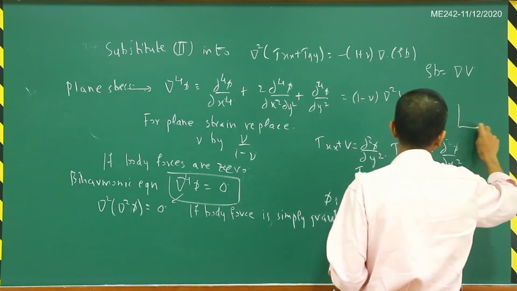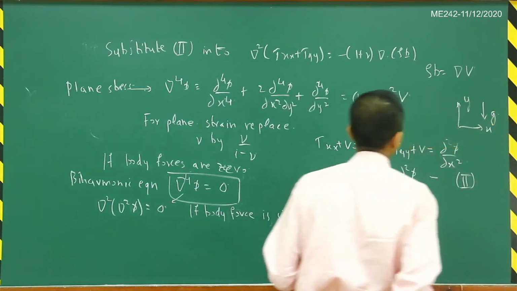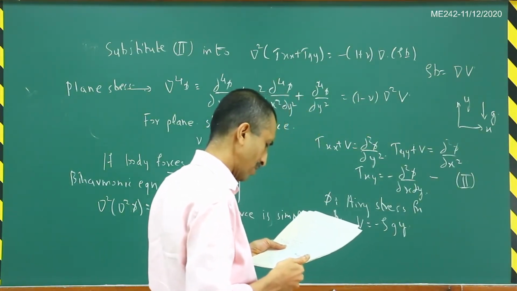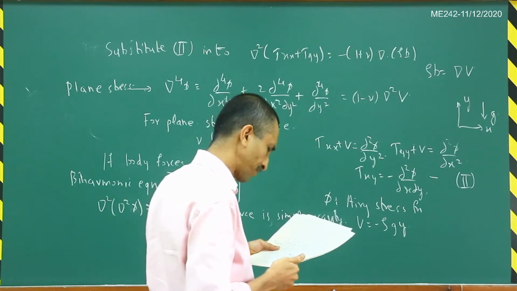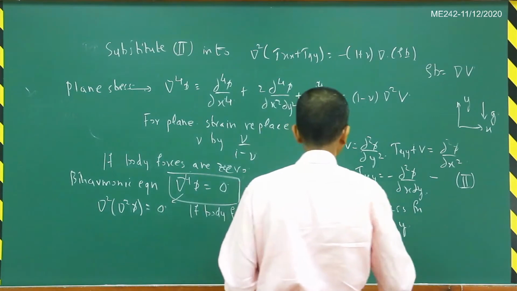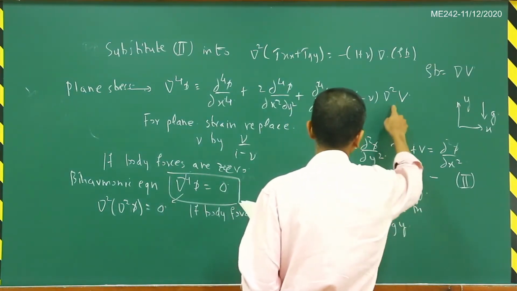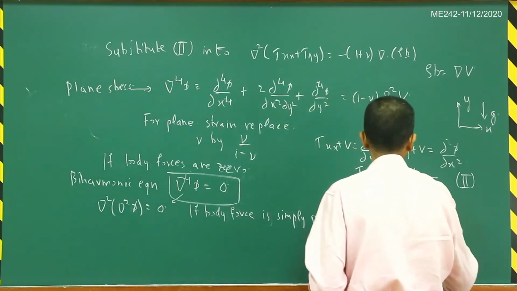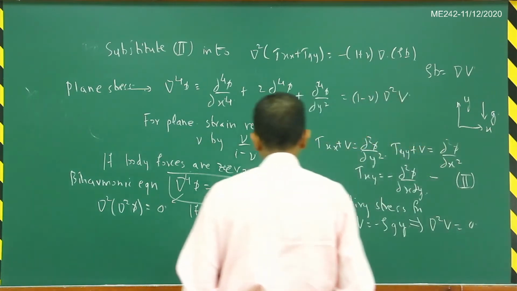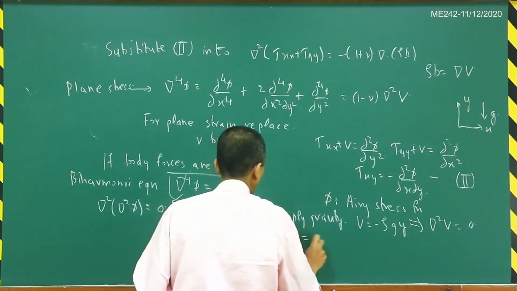So suppose this is x and this is y, and g is pointing in this particular direction, then you will get that V is equal to minus rho g y. And in this particular case also, del square V will be just 0. Okay, so this implies that del square V is equal to 0. So in this case also, you will get that del raised to 4 phi is equal to 0.